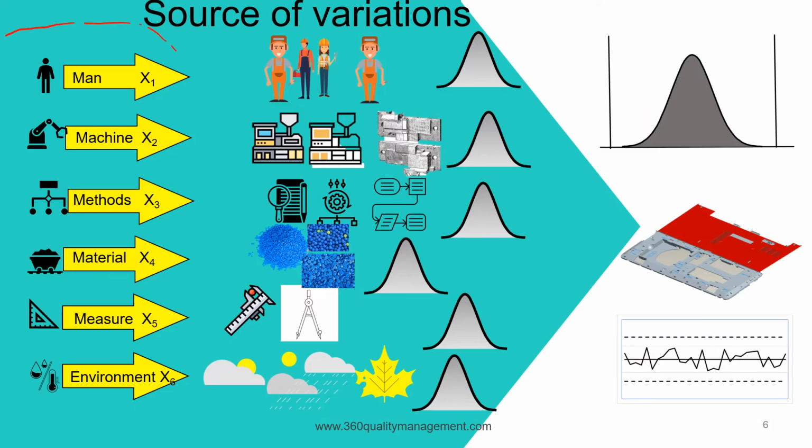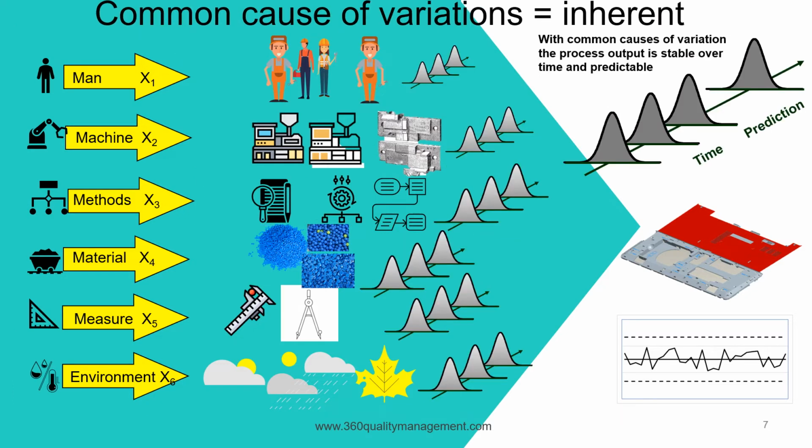Each of the process inputs that we see here, man, machine, method, material, measurement, will have some kind of variation. There are two types of process input variation which impact the process output, the end product, in different ways.